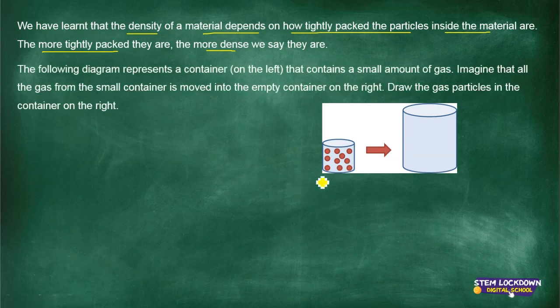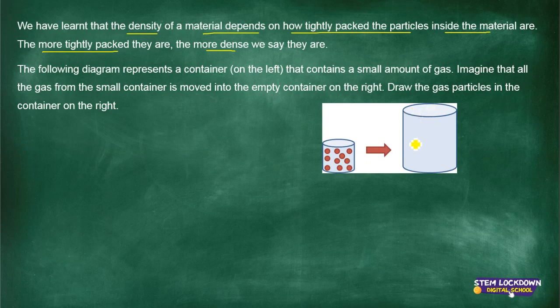So if we look at the following diagram, it represents a container. This container has a small amount of gas in it, and you can see it's a small container, so the gas particles are close to each other. Now, imagine that you had to take this gas and put it into a large container.